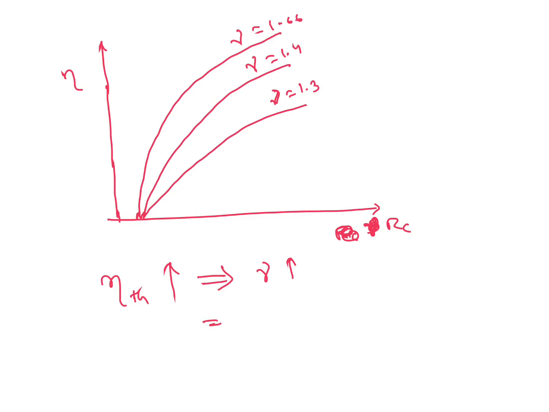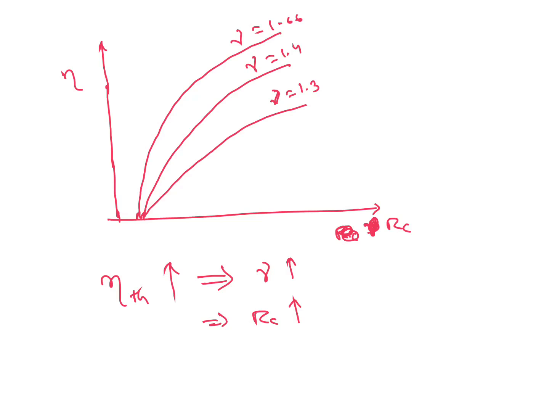In objective questions also they ask this type of question: if gamma value increases, what happens to the efficiency of the Otto cycle? Otto cycle efficiency increases. Same for compression ratio also.